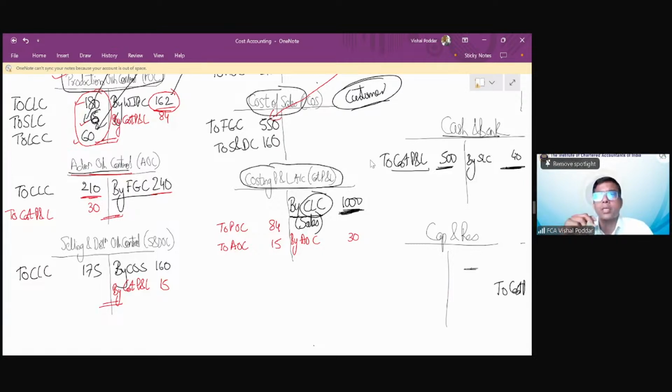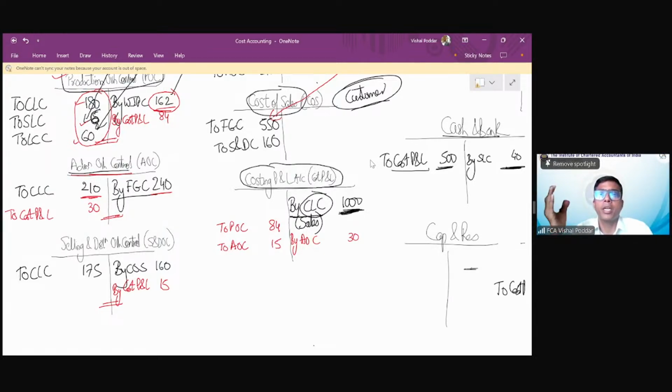Now, the question is, why do we have these balances or what do these balances represent? These balances may represent the outstanding or prepaid amounts of these expenses. So like production overheads control, if it has a debit balance as the opening balance, it means there was some amount of production overheads which remained in the previous period. And what was this balance representing?